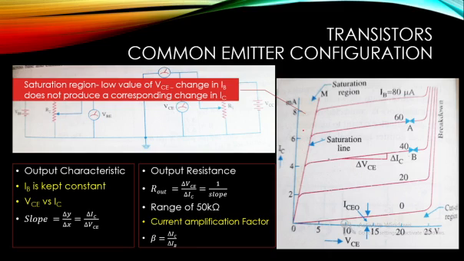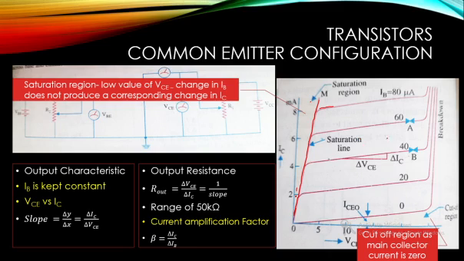And here the change in base current will not produce a corresponding change in collector current. Whatever the value of IB, the change in IB will not produce a change in current, and hence this is called the saturation region.